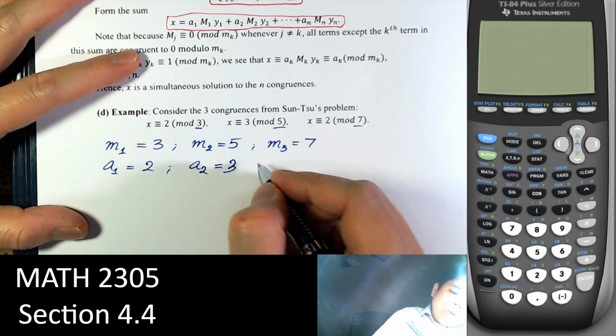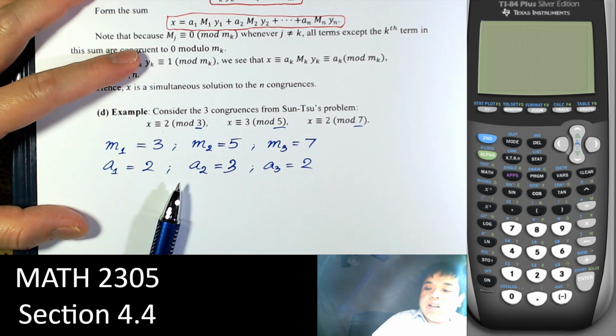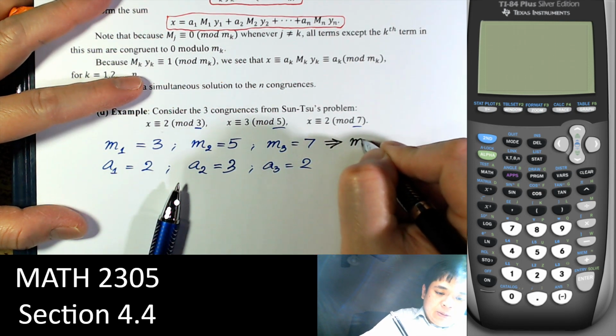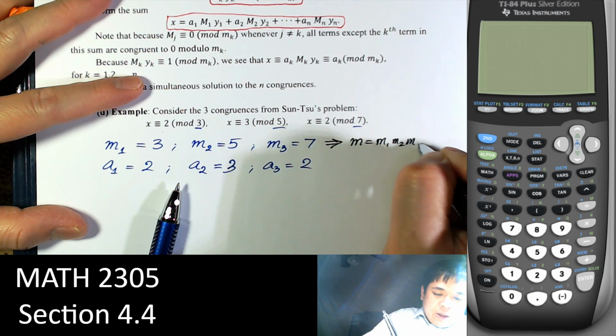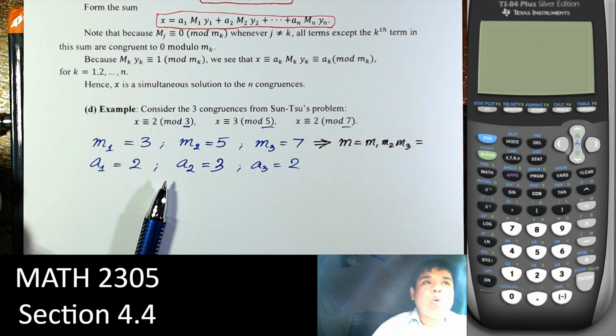If you multiply everything across here, we find M is the product of m1, m2, m3, 3, 5, and 7. That's 105, right?